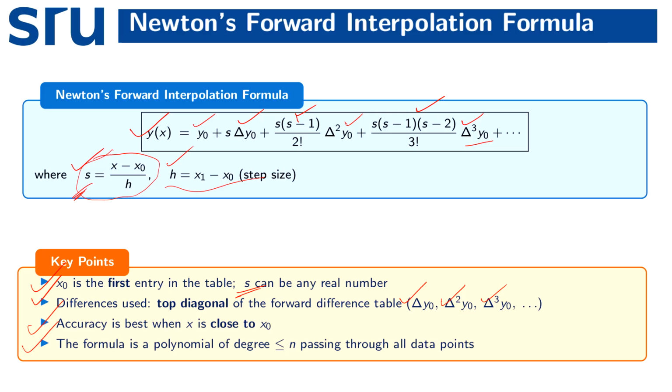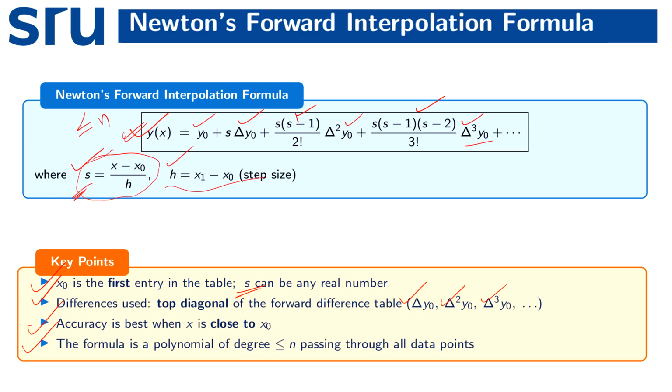Then the formula represents a polynomial of degree n. You can see it very clearly: y_x represents a polynomial whose degree is less than or equal to n. This means it passes through all given data points, and it approximates the function using a polynomial, which is a very important point.